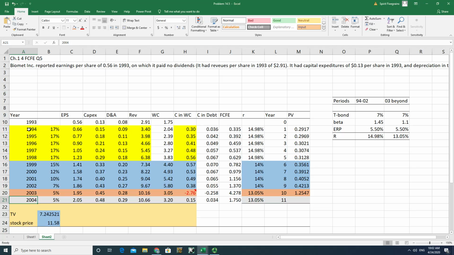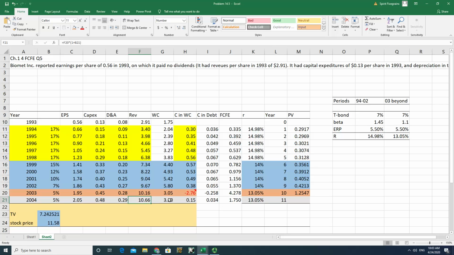You have a high growth time period 1994 to 1998, then a linearly declining growth rate for the next 4 years, and reach the steady state in year 2003. But year 2003 is very special because of the large release of working capital, which caused the jump in this FCFE. But this large FCFE is not sustainable in the constant growth time period. Therefore, I treat year 2004 as the beginning year of the constant growth time period.